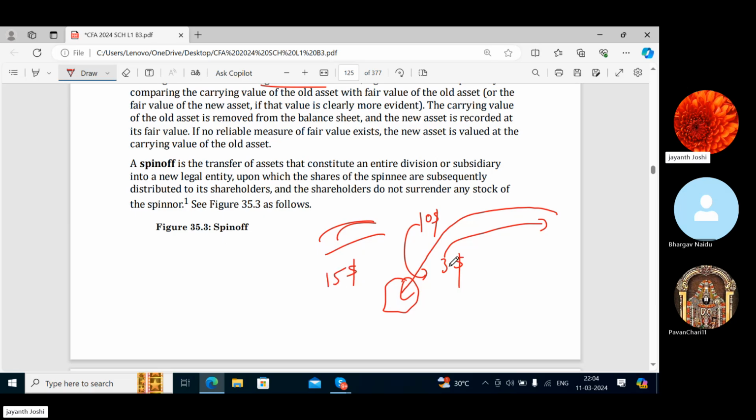So you give the old asset worth $3 to that company, and also give $12 extra cash for the exchange.